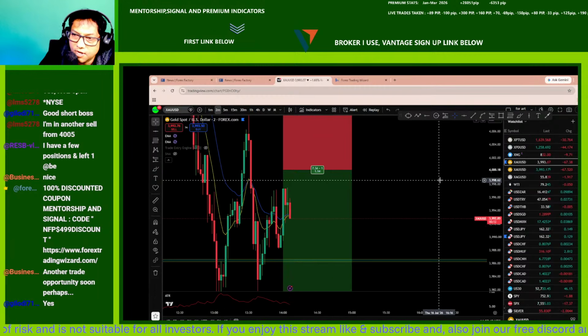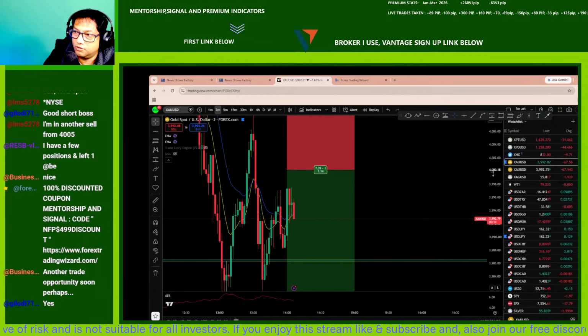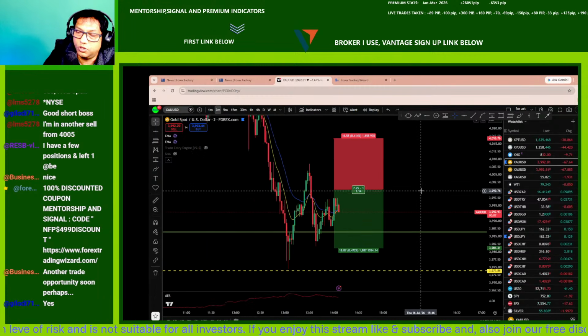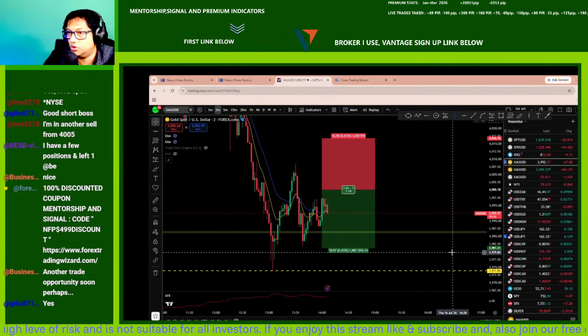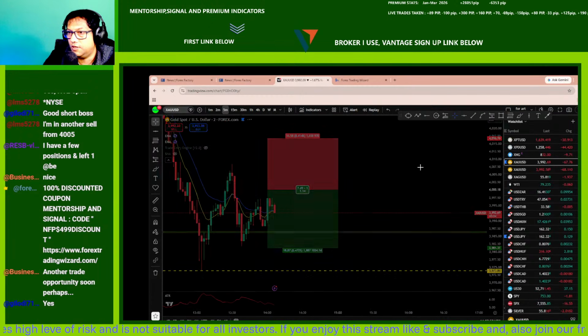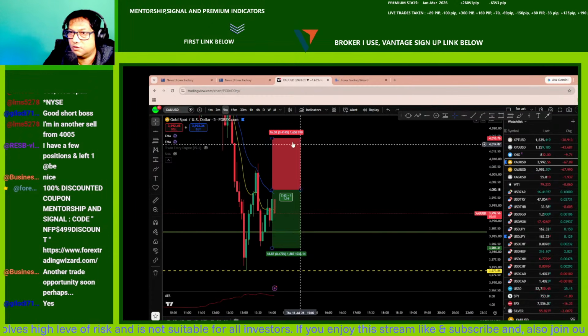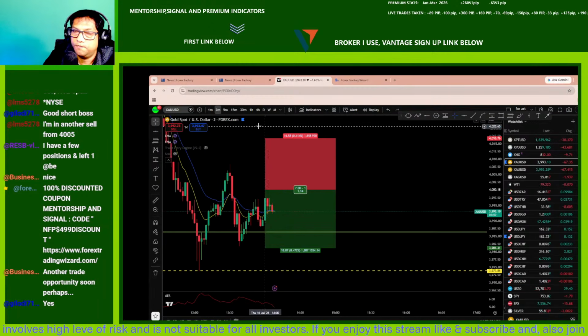If you look at that doji here, we can see the market shows again a significant move in this direction.